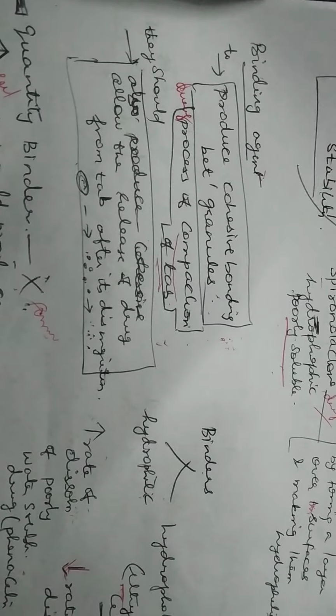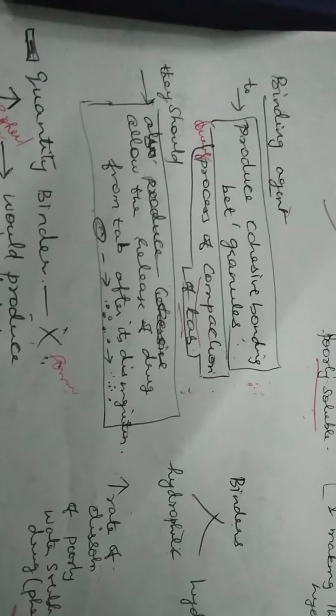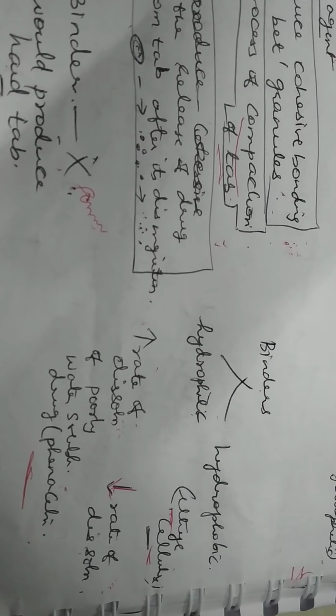Binders are of two types: hydrophilic binders and hydrophobic binders. Hydrophobic binders, for example ethyl cellulose, reduce the rate of dissolution.